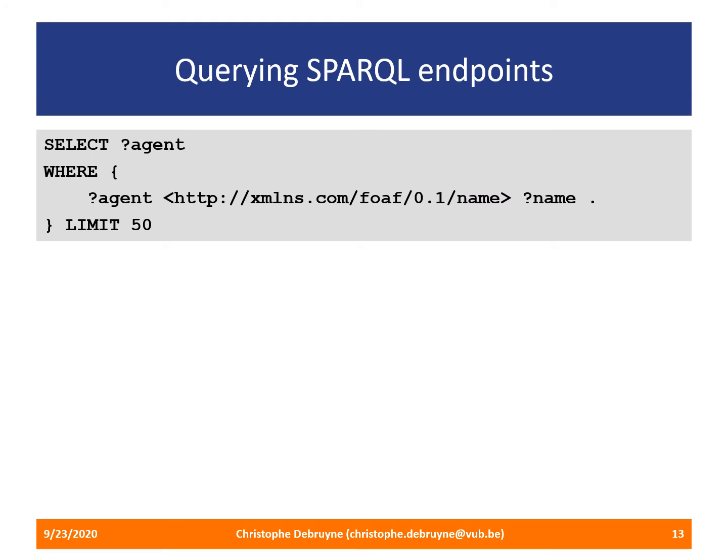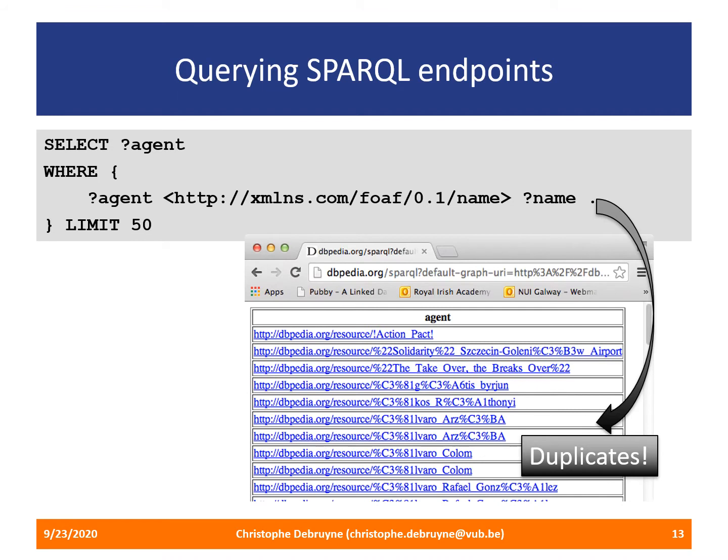We will be firing the query in DBpedia, and we notice that we have the same resource appearing multiple times. We have duplicates in the result set. And why is that? Well, it's because those resources have more than one FOAF name.